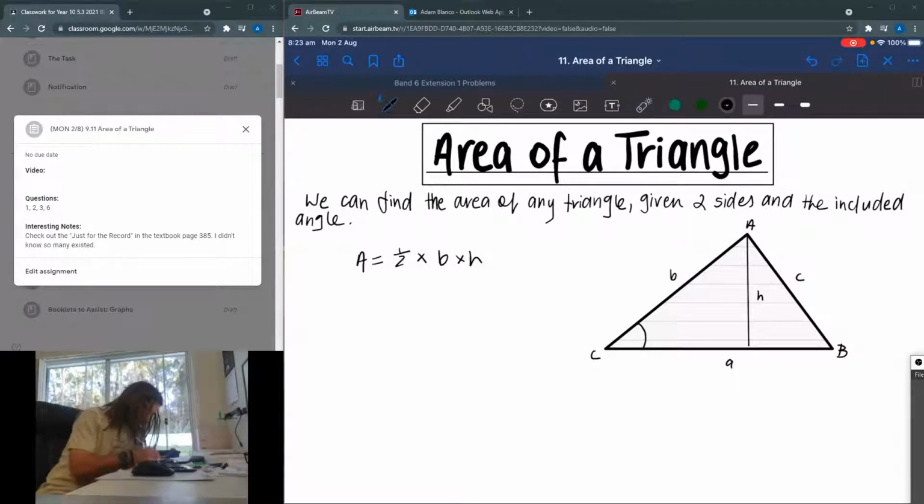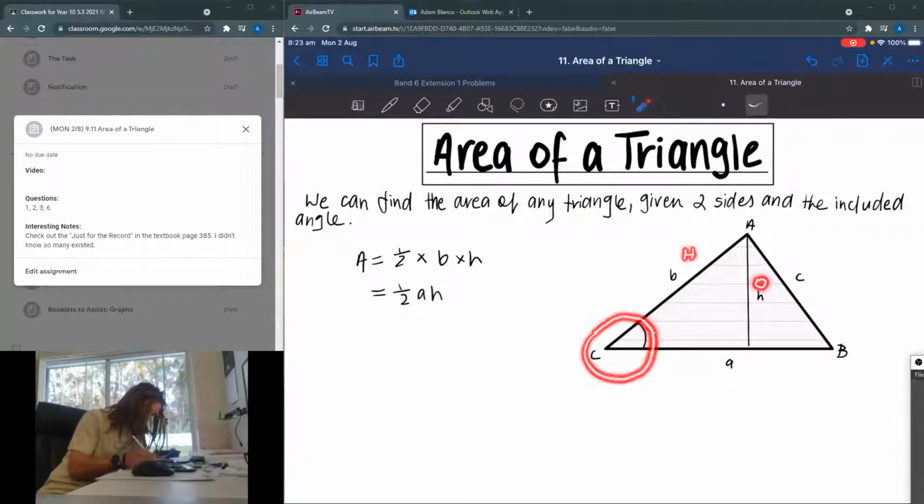Now, let me keep going. Half, my base here is actually A, so I'm going to go A, H. Now, H I can write using my angle that I know, that's the opposite over hypotenuse.